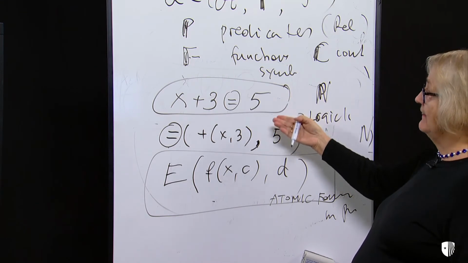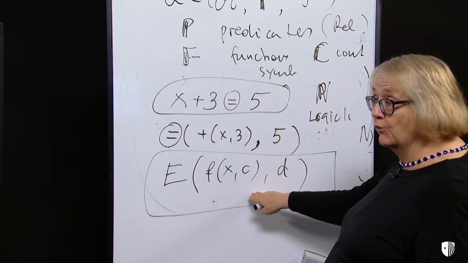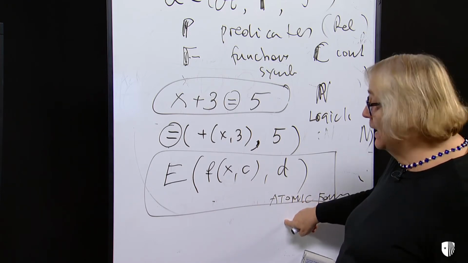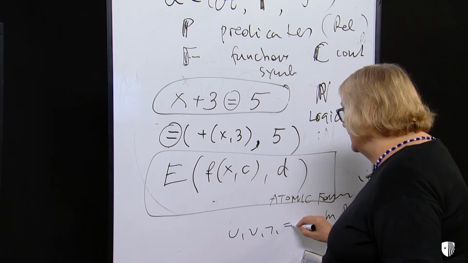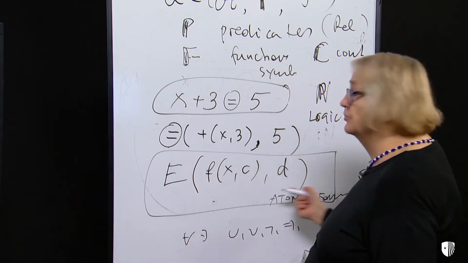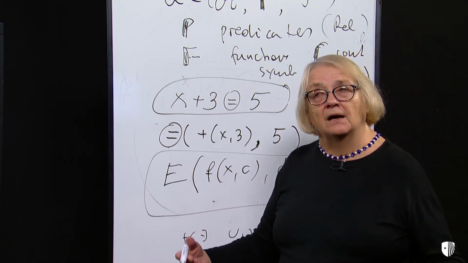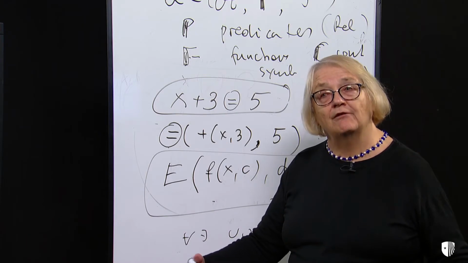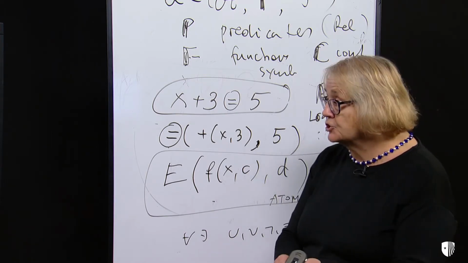That mathematical statement you translate into such a formula. Why atomic? Because it does not contain any connectives and it does not contain quantifiers. The atomic formulas correspond to propositional variables, like the smallest pieces in propositional logic.